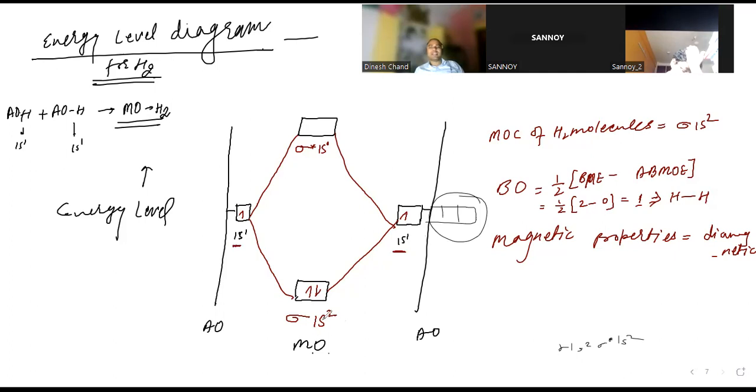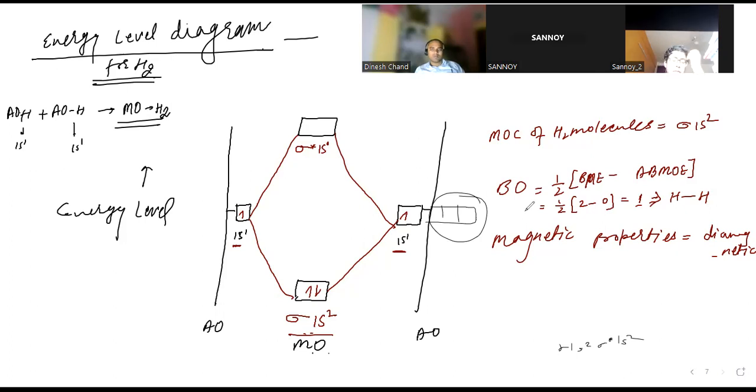According to Hund's rule they get paired, because the energy of the sigma 1s2 orbital is very much less than the atomic orbital. So the configuration becomes sigma 1s2, and sigma star 1s0. Did you check? Yes, sir.